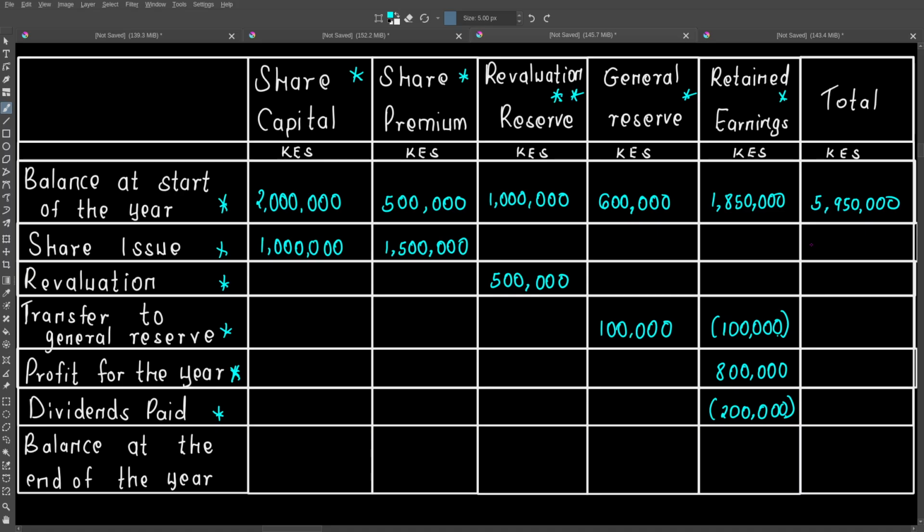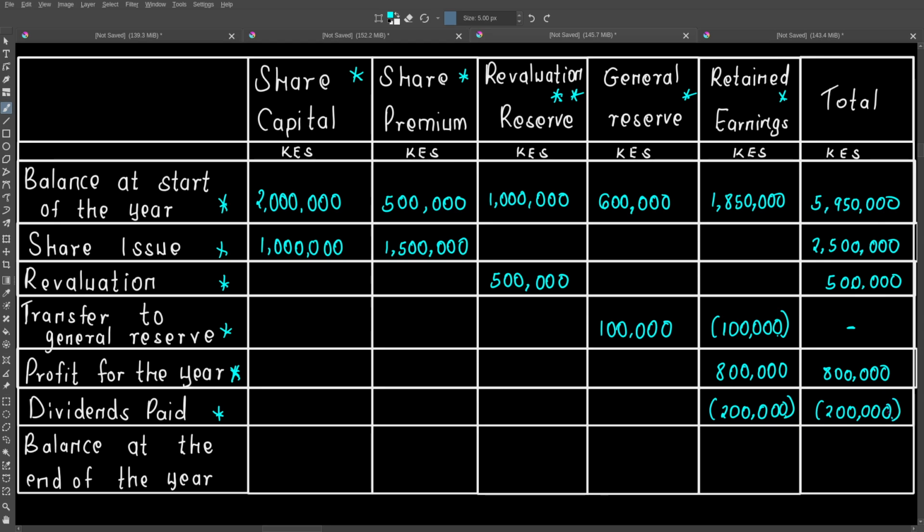Here we are going to have 2.5 million. Then we're going to have a revaluation balance of 500. Then it's going to be 0. Then profit for the year is 800,000. Then we have less dividends here.